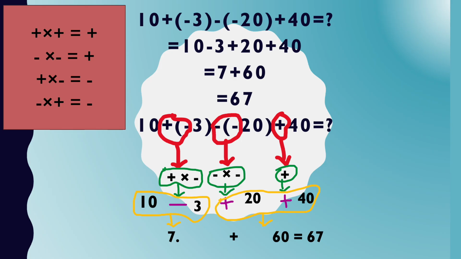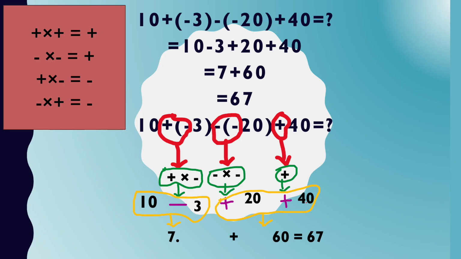Imagine I only wrote these numbers, then I'm going to fill in these spaces with signs, even though I already did it. First I write only numbers: 10, 3, 20, 40.